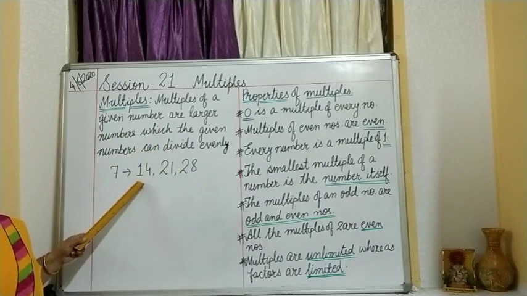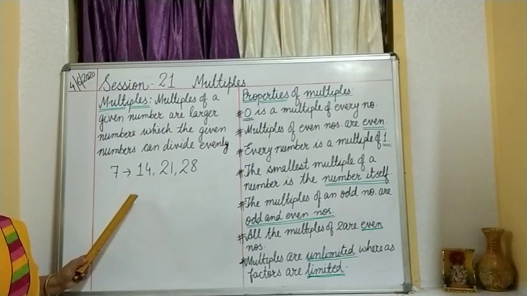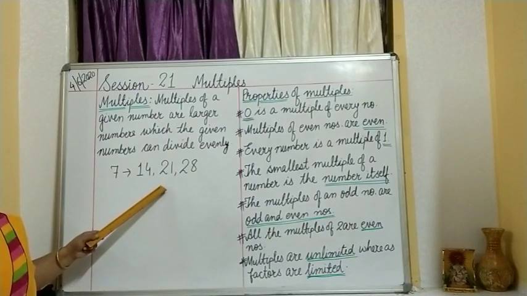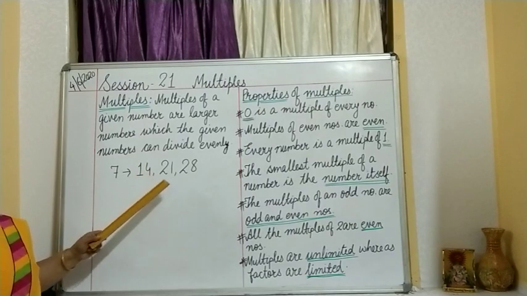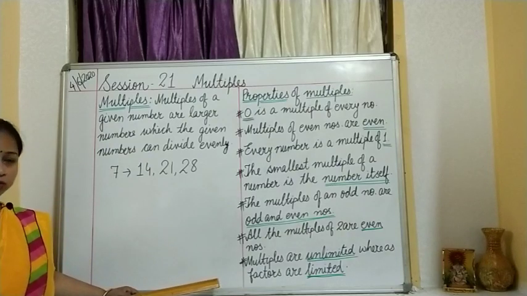That means if you divide 14 by 7, it will be divisible. 7 2s are 14. Then 21 is again divisible by 7 because 7 3s are 21. Then 28 is divisible by 7, that is 7 4s are 28.